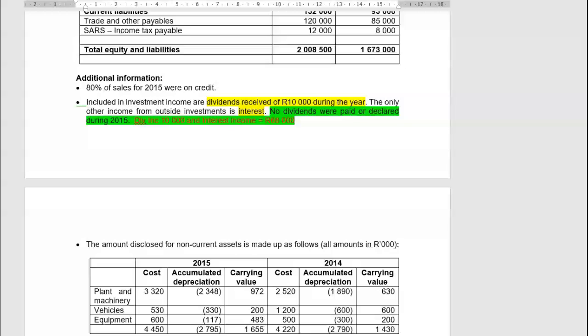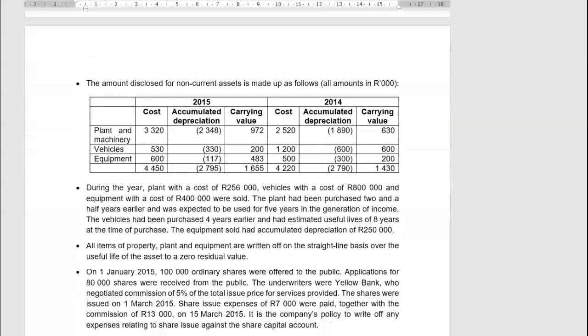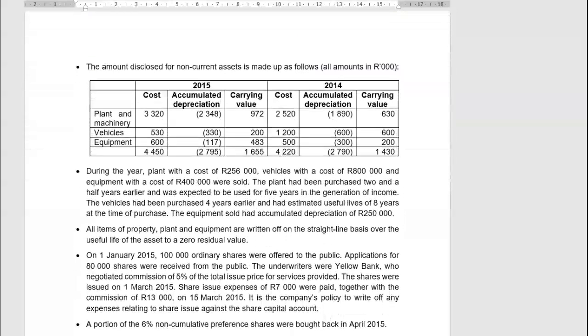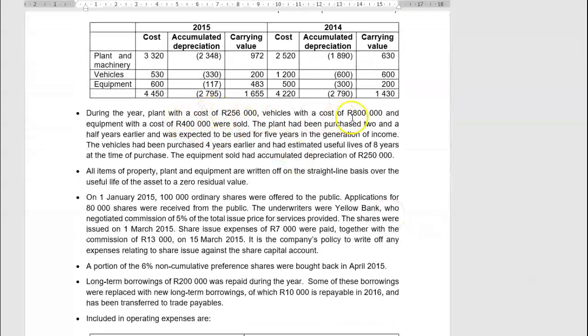Here they give us the breakdown of PPE, costs, accumulated depreciation. The next bullet is all about PPE, equipment. The next bullet is all about the straight line basis, the depreciation method that we're going to apply, and there's a zero residual value.